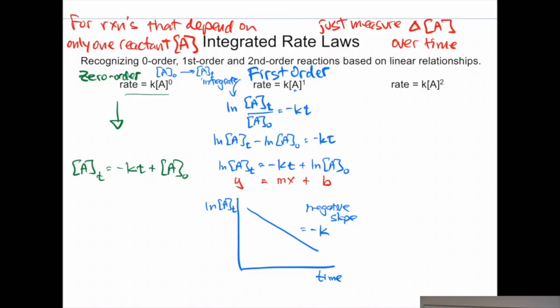If we do it for second order, it looks like this: 1 over the concentration of A at any time t is equal to positive kt plus 1 over the initial concentration of A.